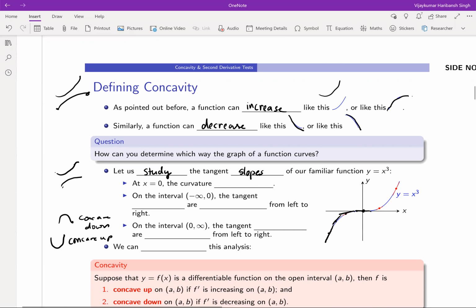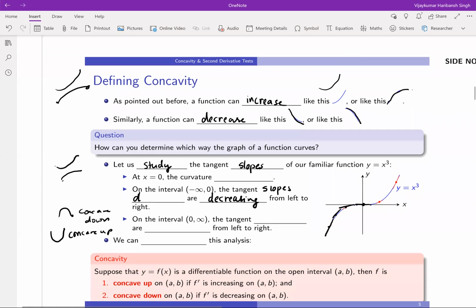Do you agree? So on minus infinity to 0, the tangent slopes are decreasing as we move from left to right.